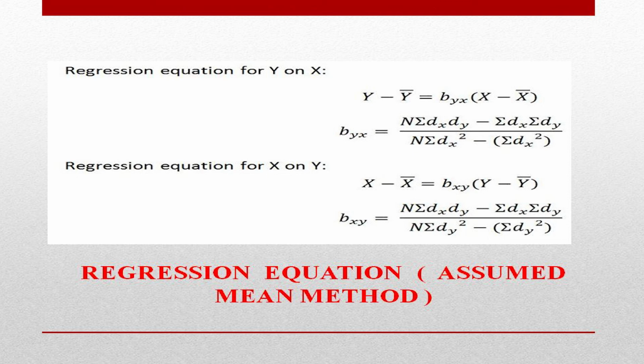Similarly, the regression equation for x on y is x minus x bar equal to bxy into y minus y bar, where bxy equals n into summation dx into dy minus summation dx into summation dy divided by n into summation dy square minus summation dy the whole square. Here x bar is the arithmetic mean of x and y bar is the arithmetic mean of y.